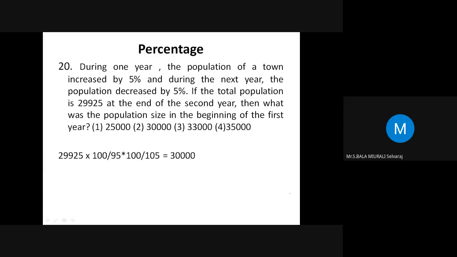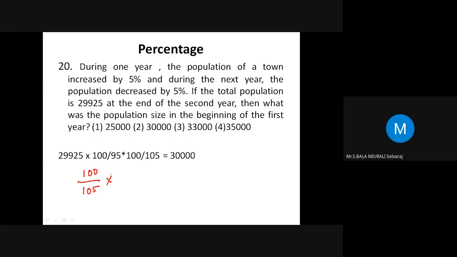Okay, now they are giving a percentage problem again, percentage increase and decrease. During 1 year, the population of the town increased by 5%. They are not giving the value, they just said increased by 5%. What is the actual value then? Take 100.